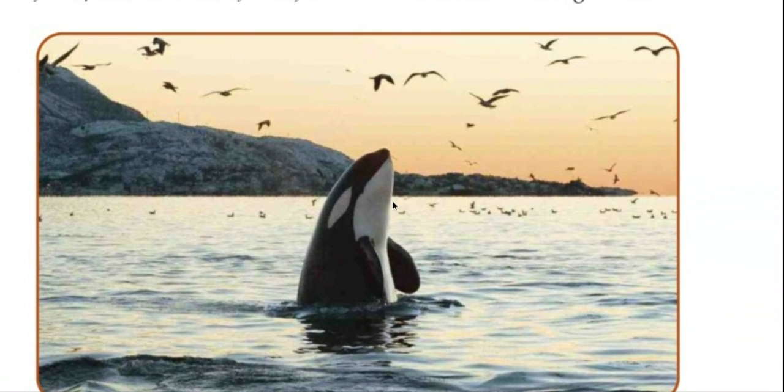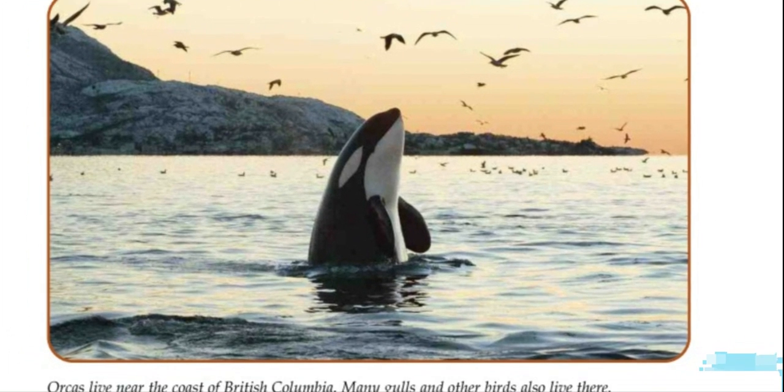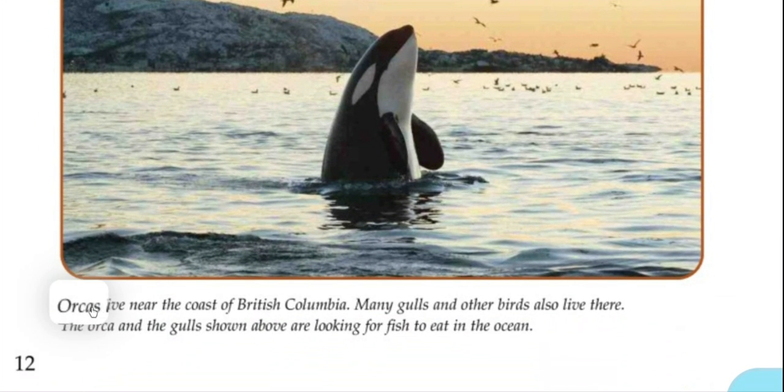Here is a very obvious animal, the killer whale, or orcas. This is an orca, or you can call it a killer whale. Orcas live near British Columbia. Many gulls and some other birds live near there. The orca and the gulls shown above are looking for fish to eat in the ocean.